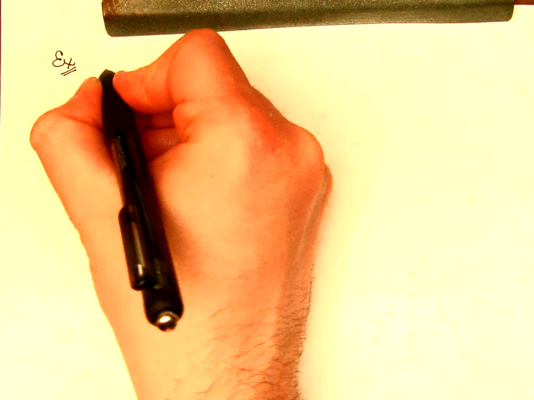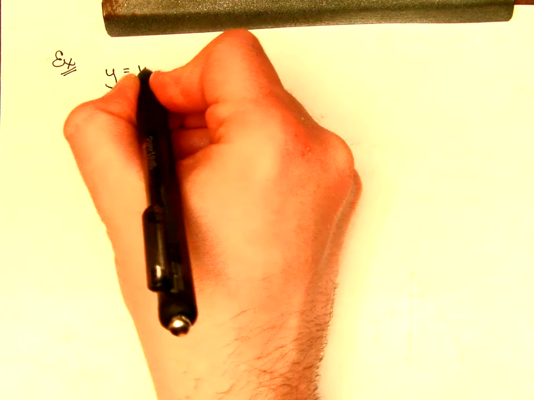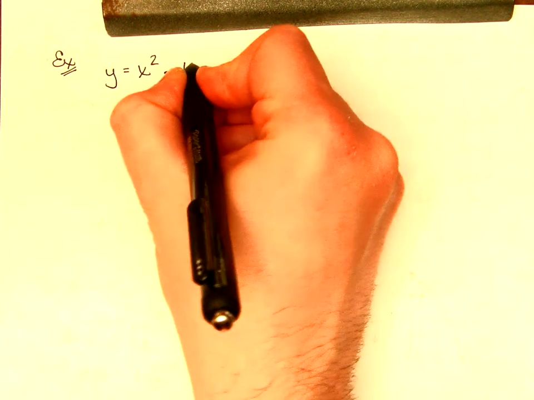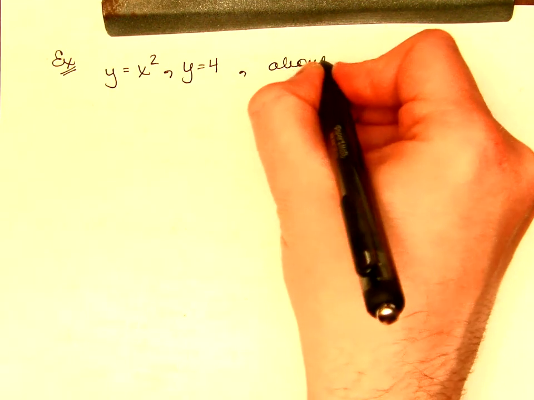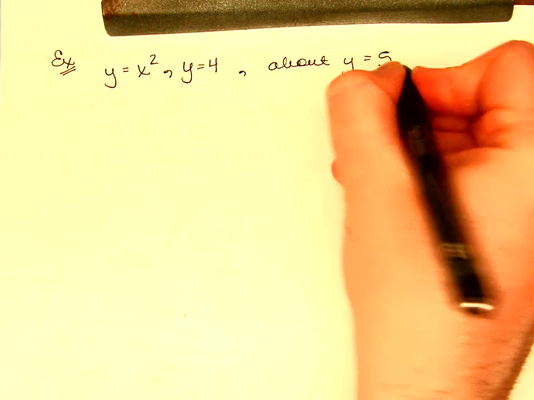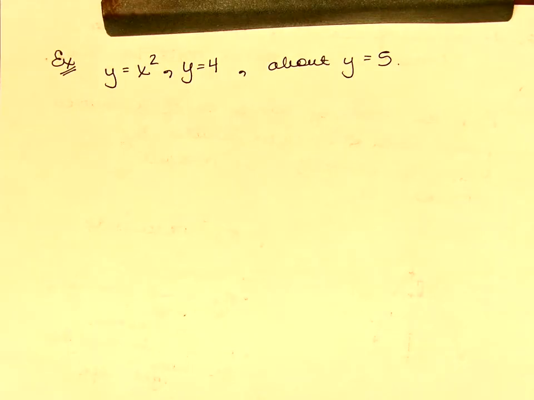Next, I want to deal with the region bound by y equals x squared and y equals 4, and I'm going to spin this region about the line y equals 5. The first thing you should do is go graph the region.